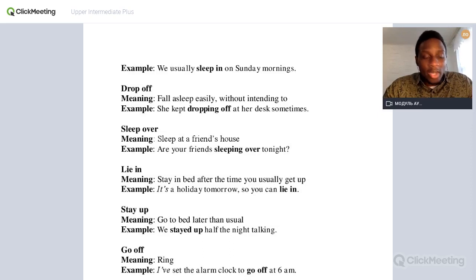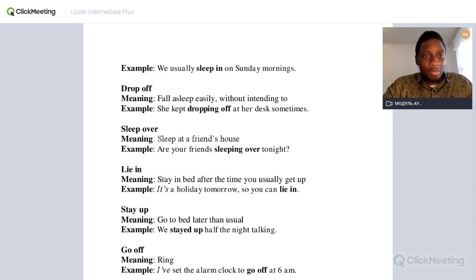And this is when you go to work and then you're falling asleep at work, or you're at university, or you're somewhere and you're dozing off. Then we have sleep over. Now, phrasal verbs, one of the most interesting things about it is when you look at each of them, you might have done them when you were at lower levels of English, probably elementary or pre-intermediate.